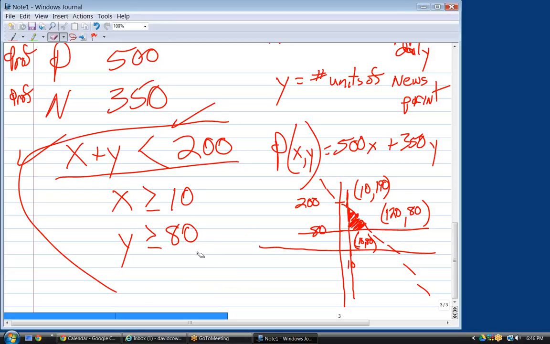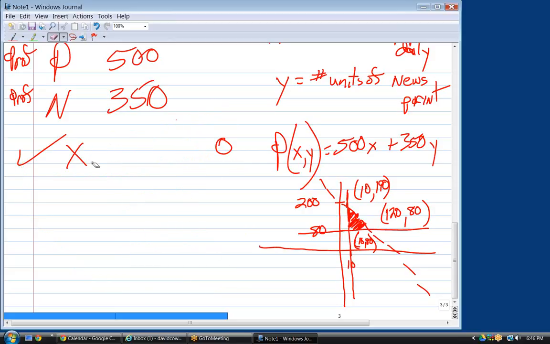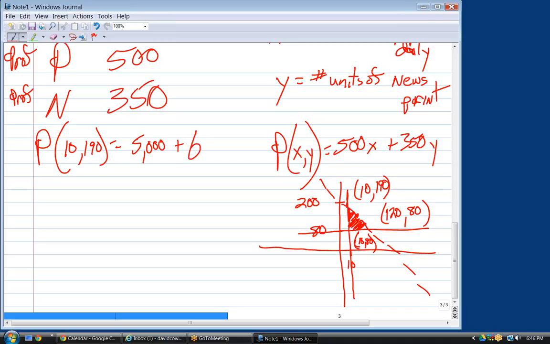Okay, now I'm going to erase this over here, and we're going to test each point and figure out what the profit is. So let's take the top point. What is the profit of 10, 190? So 500 times 10, 5,000. Plus, what's the other one? 63,000. I'm sorry, I didn't hear you. 63,000?